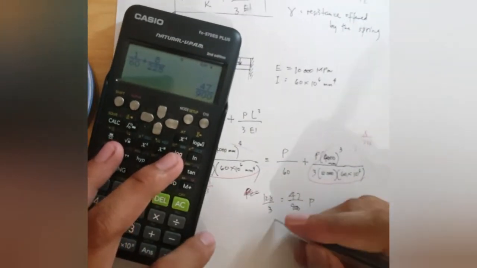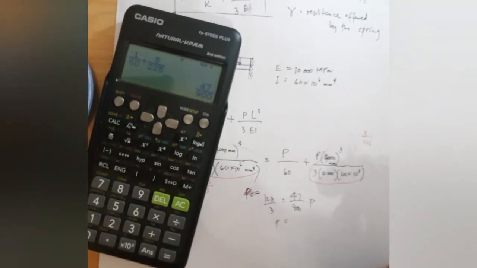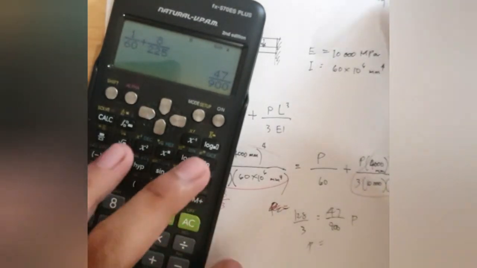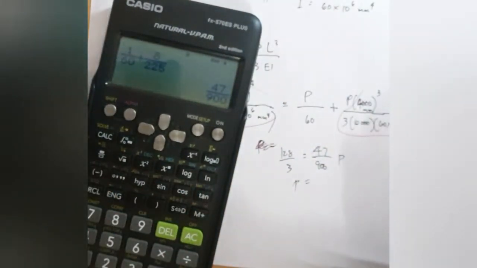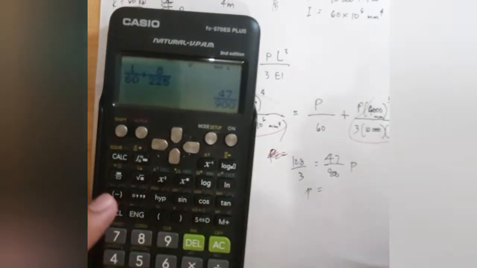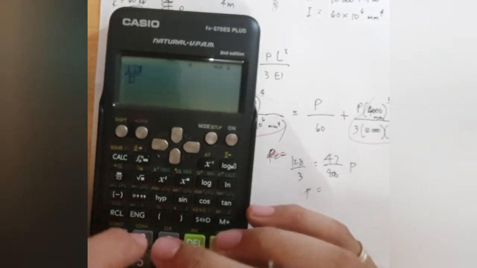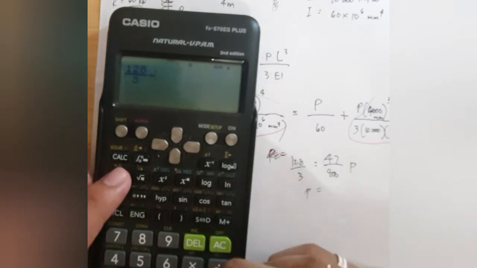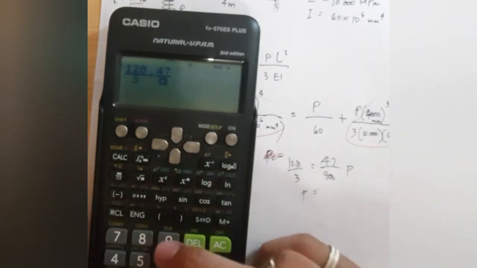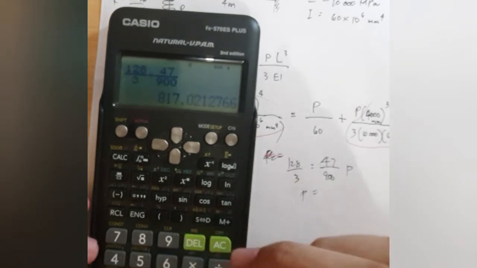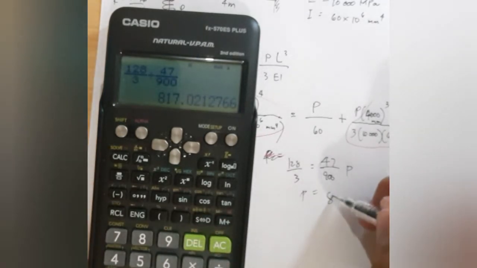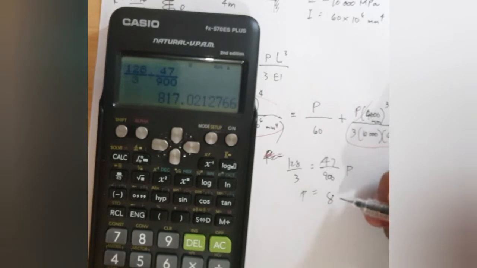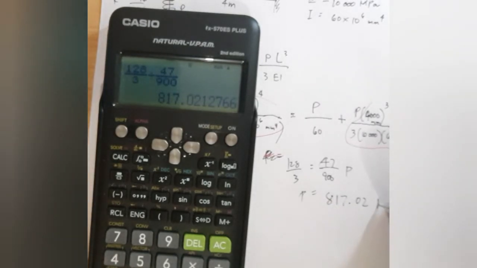So the value of P is 128 divided by 3 divided by 47 over 900. So P is 817.02 newtons.